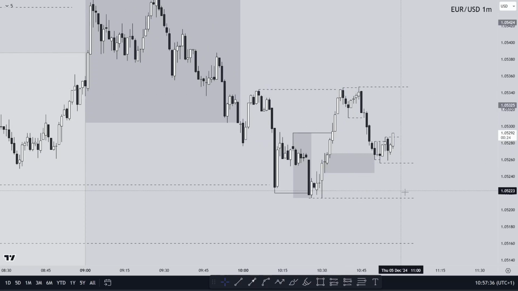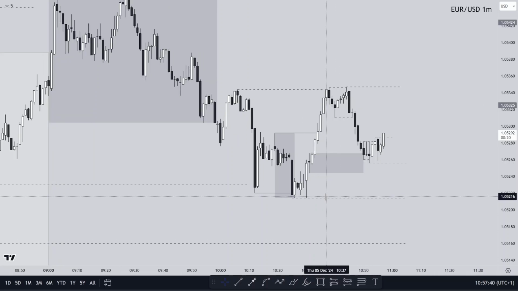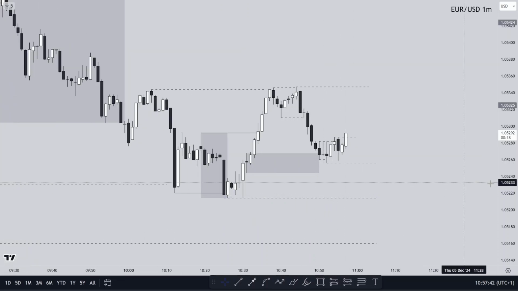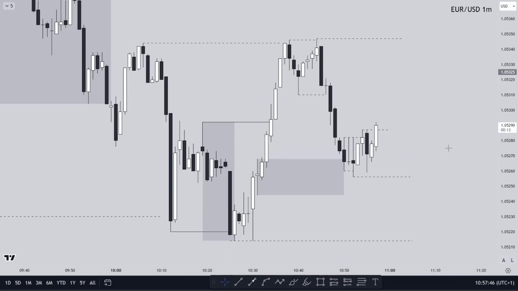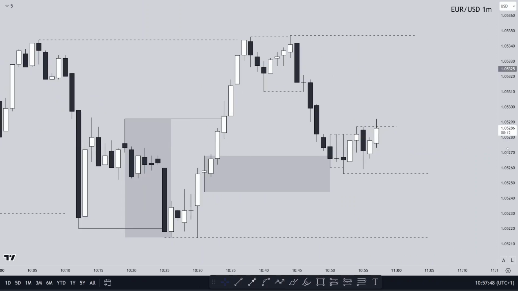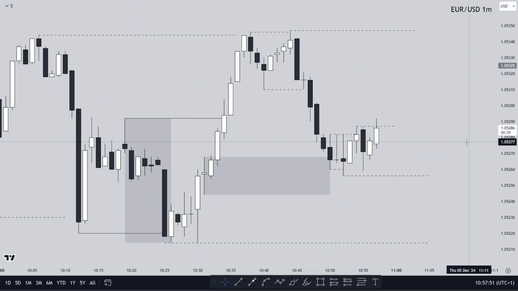So this one is more relevant right now, but let's see how this candle closes. It can be a good indicator. Let's see in 7 seconds.